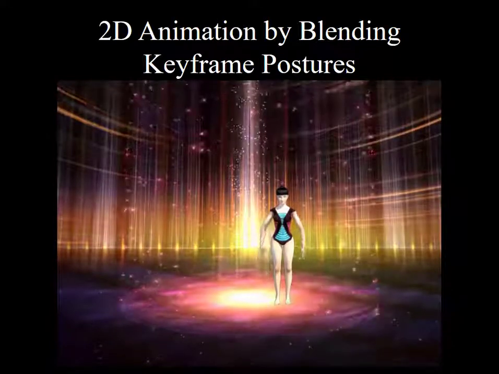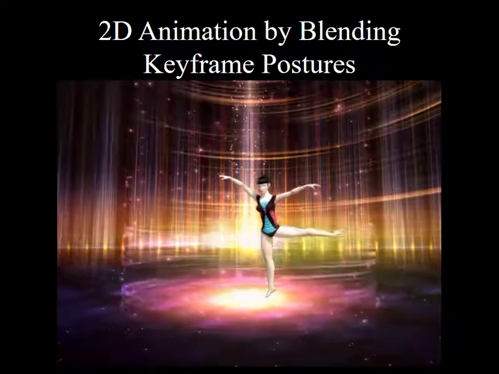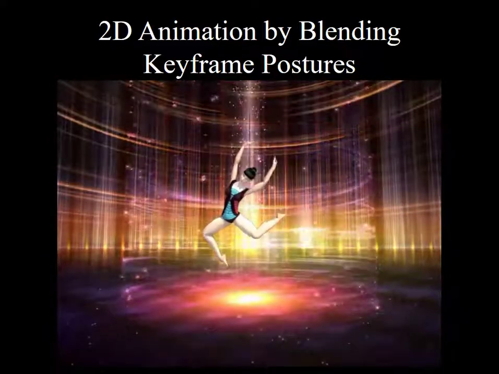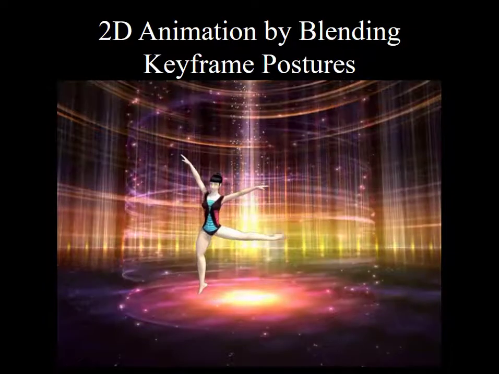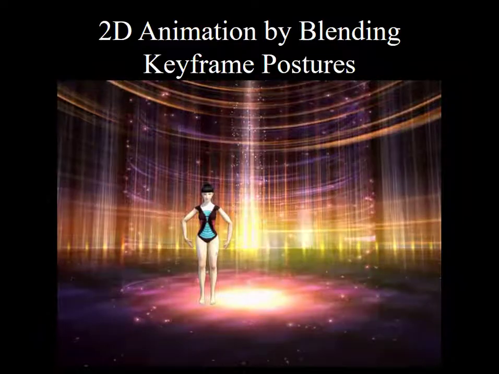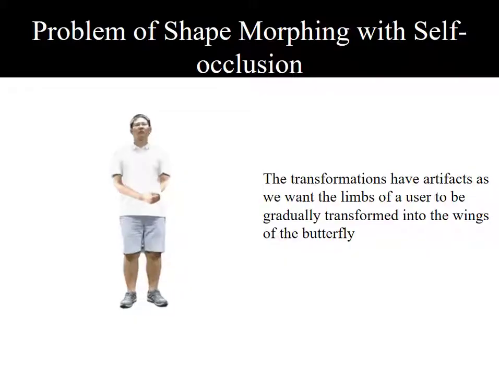Our method can be used by the industry to generate character animation. The artist can simplify their work by only drawing keyframes, and our system can be applied to automatically morph the keyframes. To demonstrate the effectiveness of our approach, we test the proposed interactive animation creation system using human silhouette as our source shape input.